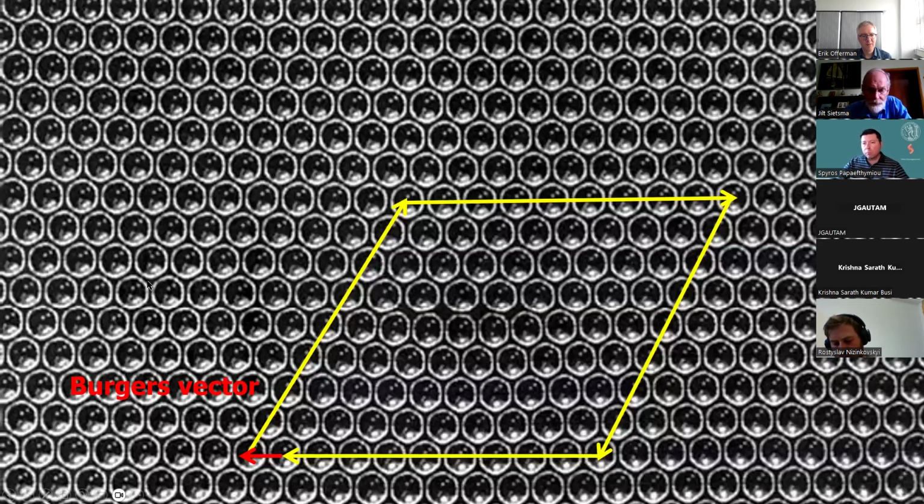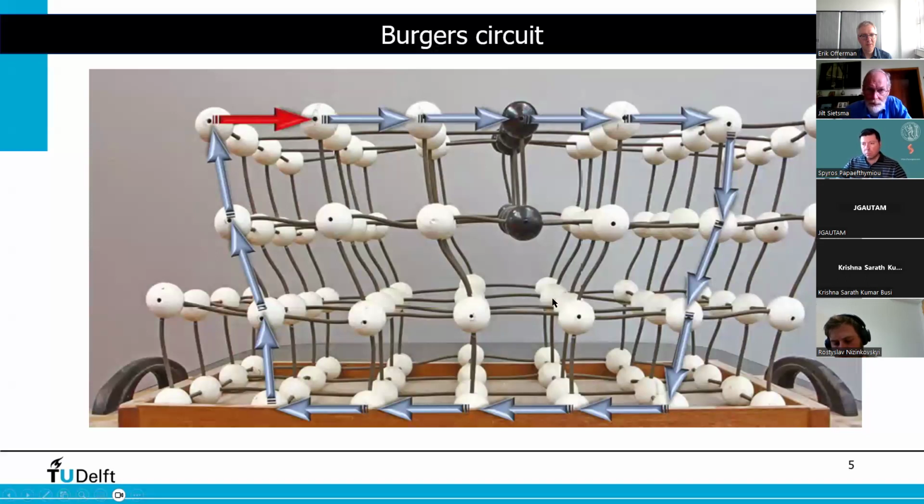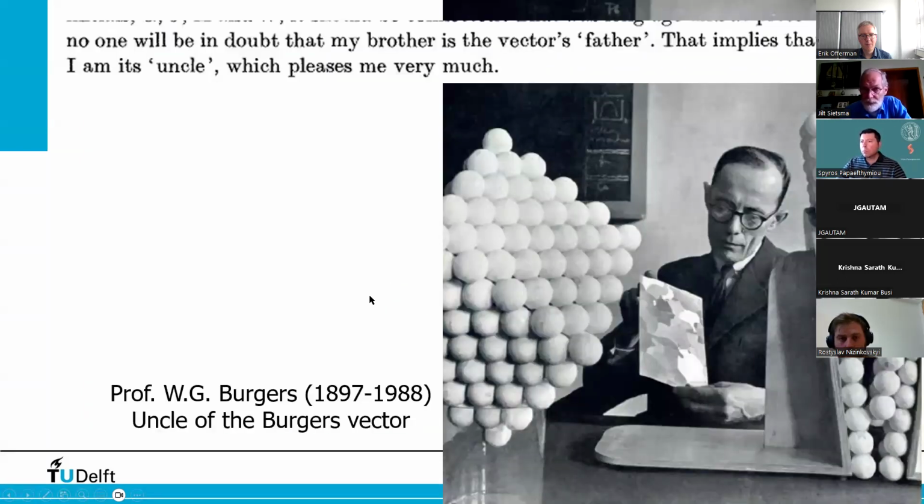We all know this concept, I guess. Here you see it again in the model that we have in our laboratory, a model that was made at the time of Professor Burgers, because Willy Burgers was a professor in our department who defined the Burgers vector.